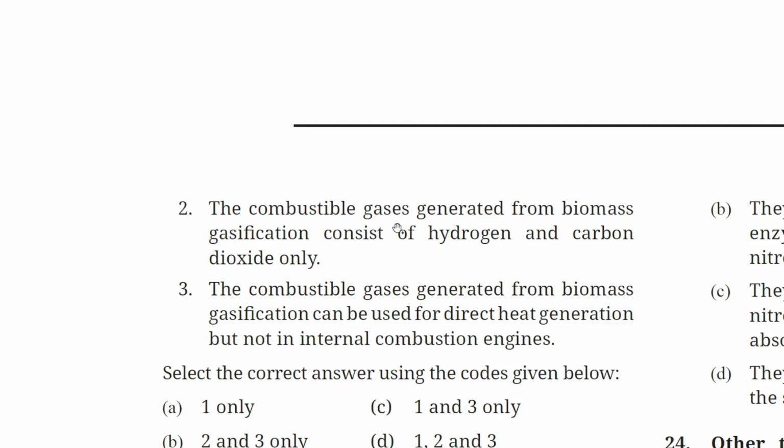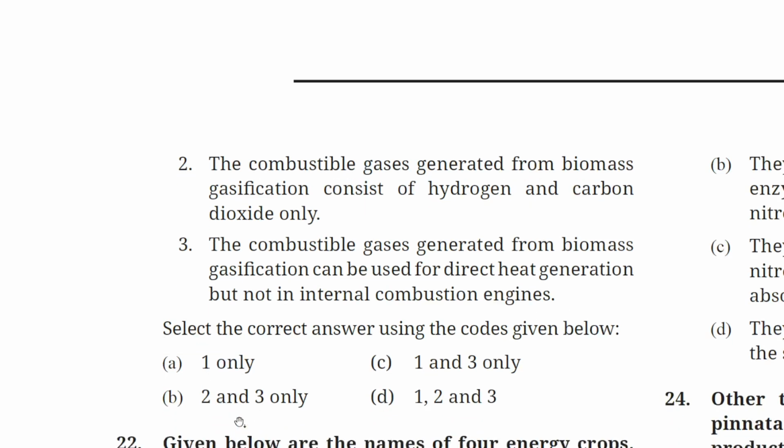The combustible gases generated from biomass gasification consist of hydrogen, carbon dioxide only. No, it can contain other gases also. The combustible gases generated from biomass gasification can be used for direct heat generation, but not in internal combustion engines. No, it can be used in both ways. So the answer is A, one only.